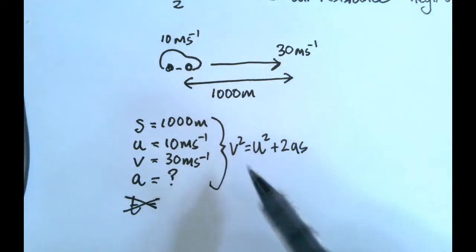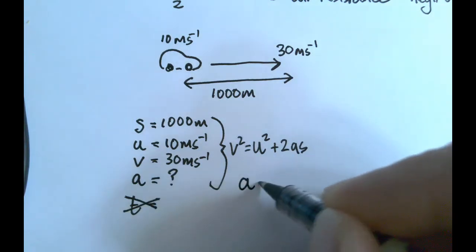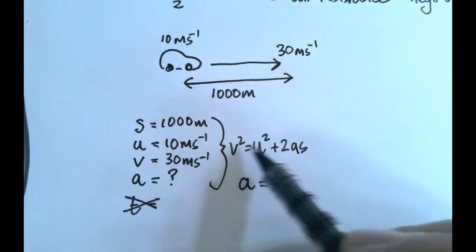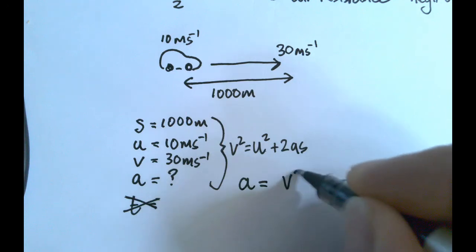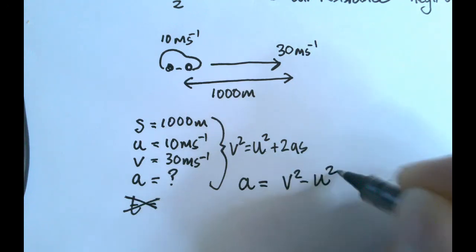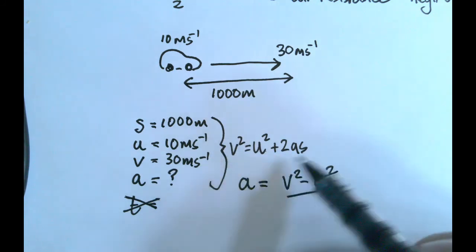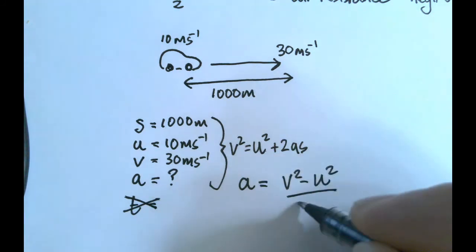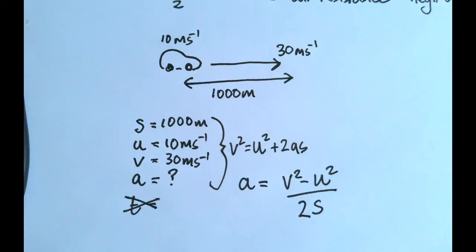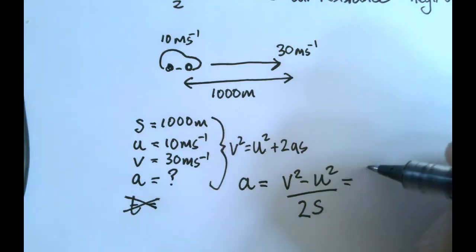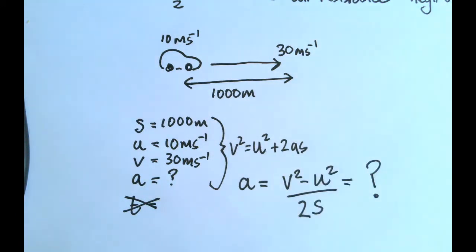So a is going to equal v squared minus u squared, all over, I want a on its own, divide both sides by 2 and by s, v squared minus u squared over 2s. Put your numbers in and solve it. And that's it. That's all there is to SUVAT.